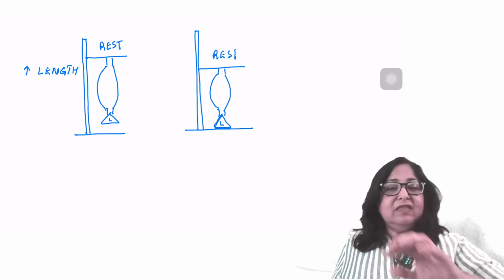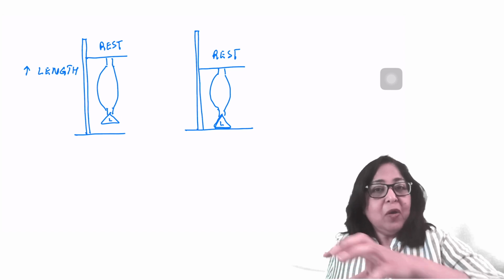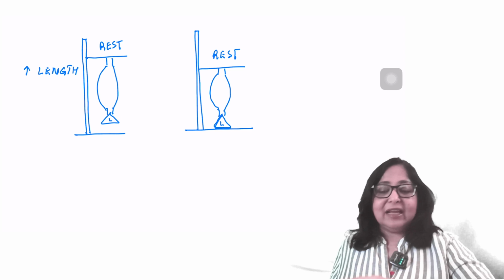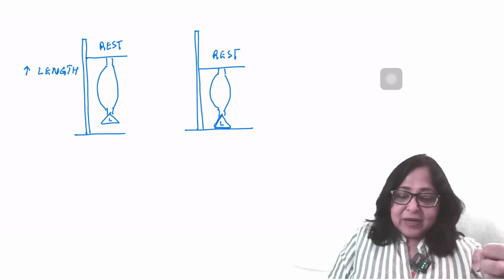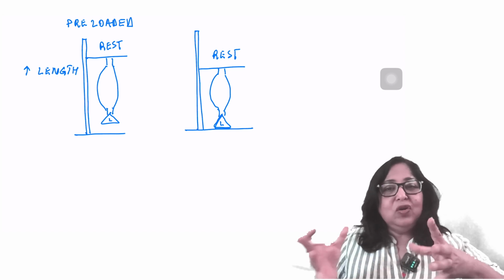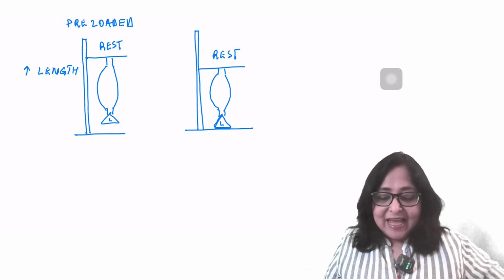So that means this load is not acting on the muscle at rest. When will this load start acting on the muscle? When the muscle begins to contract. That means it has to now lift that load. So the first one is called a preloaded state.